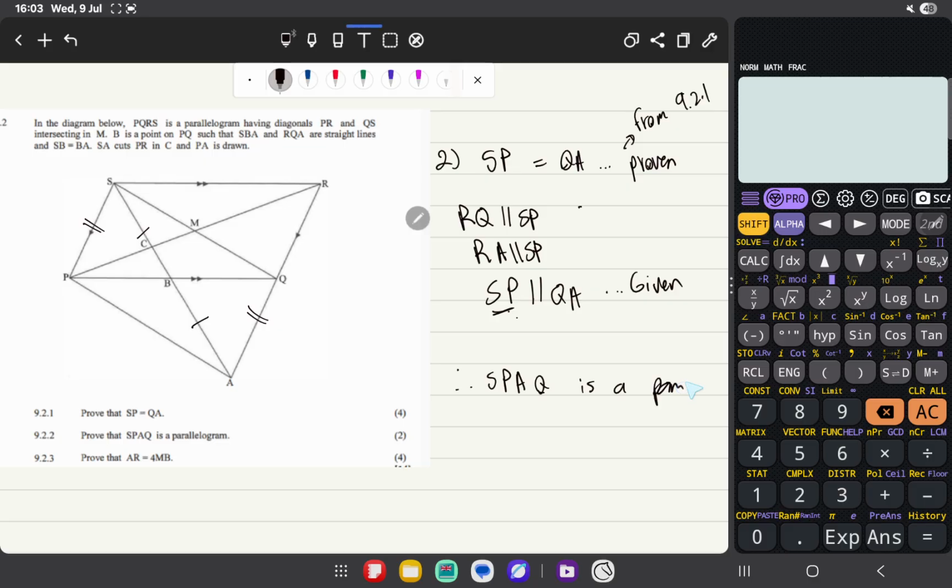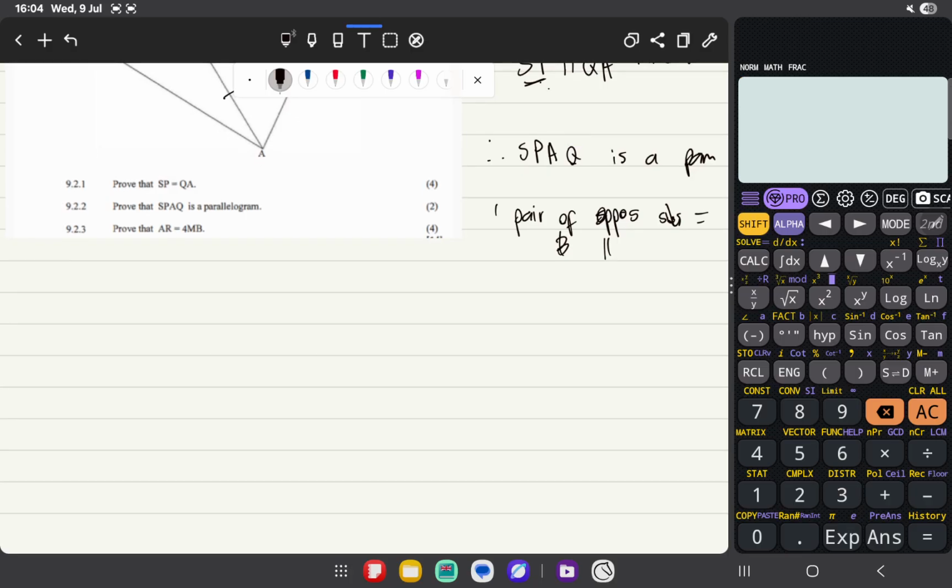The reason is that we have at least one pair of opposite sides equal, and not just equal but parallel.